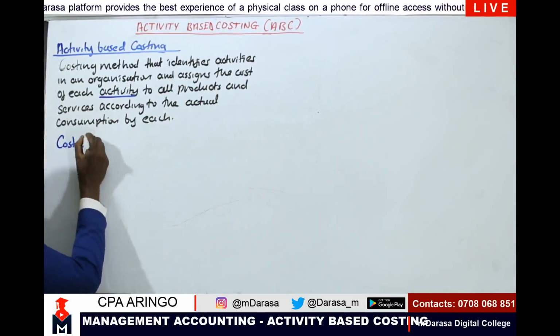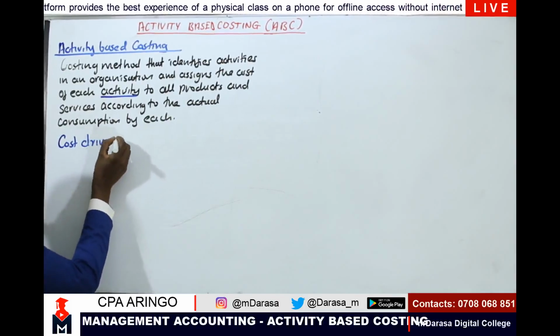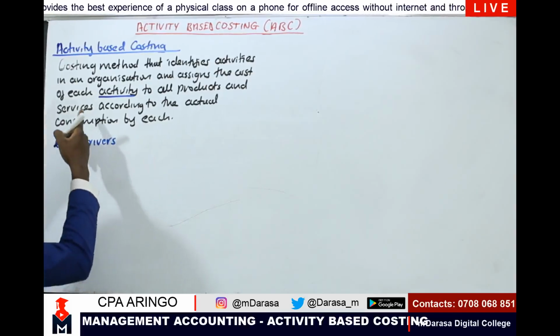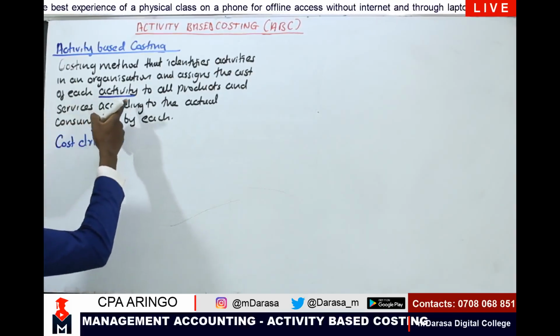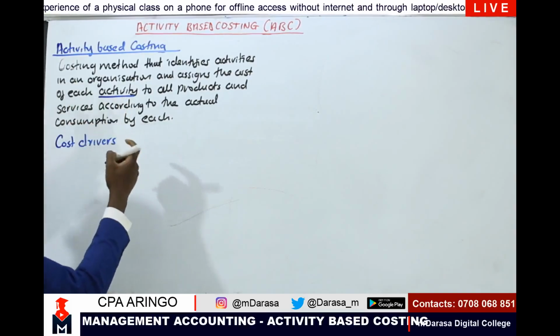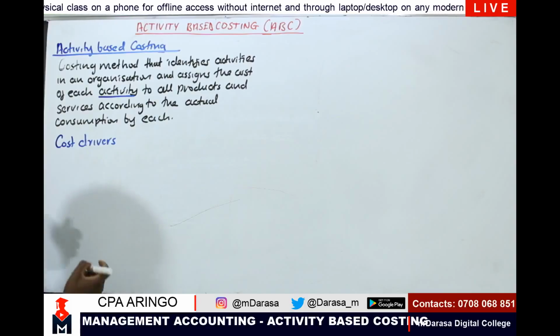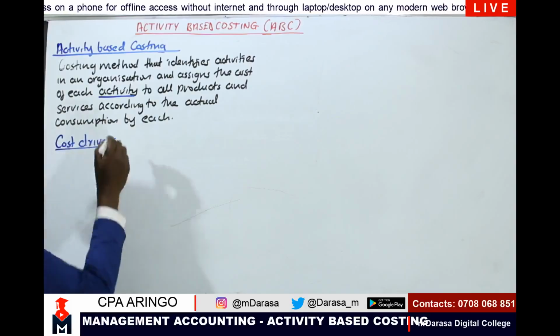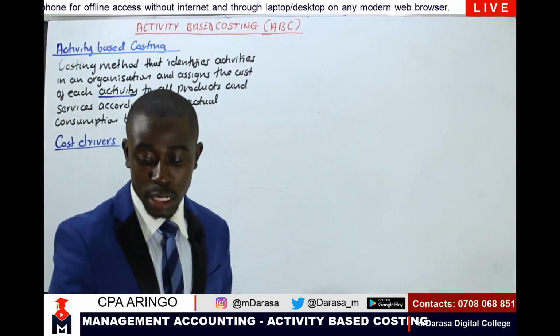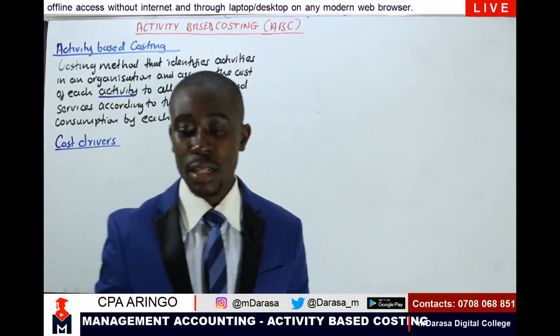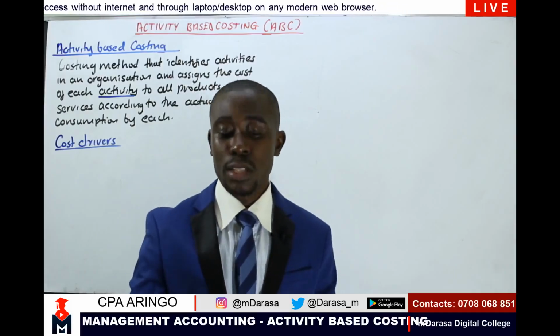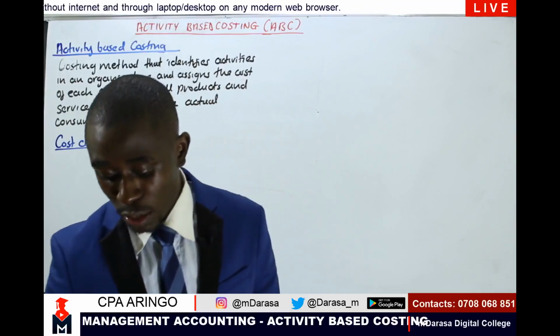Remember we've said that I need to identify and assign the cost of each activity to all the products and services according to the actual consumption. So the basis of identifying these activities is what is known as cost drivers.